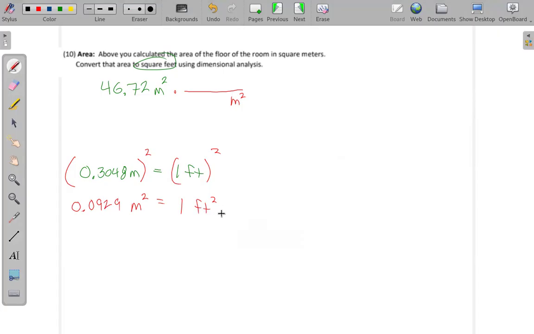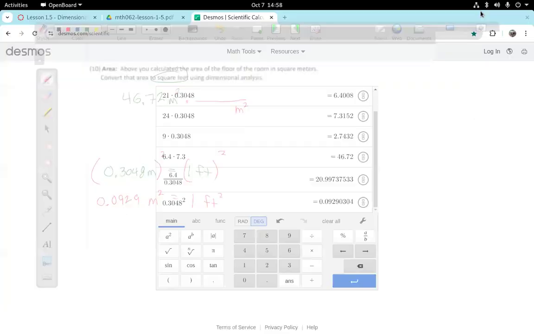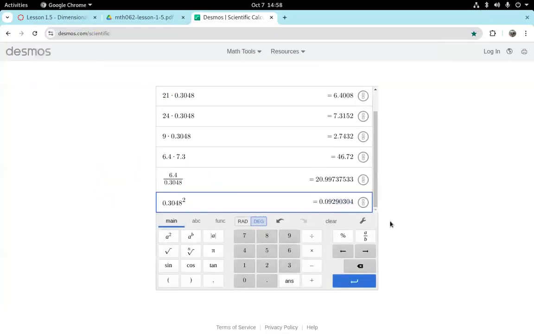And we could flip that to go the other way. Like, what if we had 1 square meter? How many square feet would that be? And that just throws this stuff upside down. So just for fun, alternate calculation. Let's see.